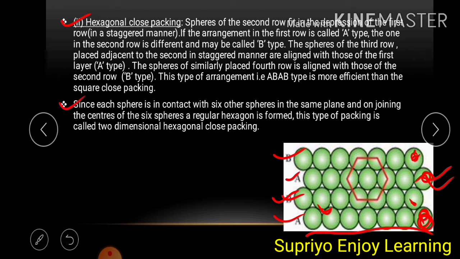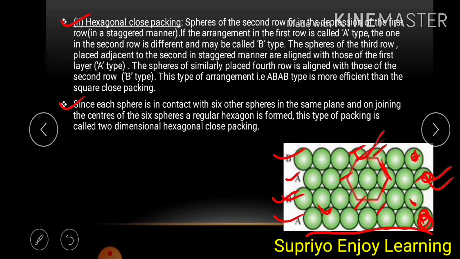Now, since each sphere is in contact with 6 other spheres, 1, 2, 3, 4, 5, 6, in the same plane, and on joining the centers of the 6 spheres, a regular hexagon is formed.